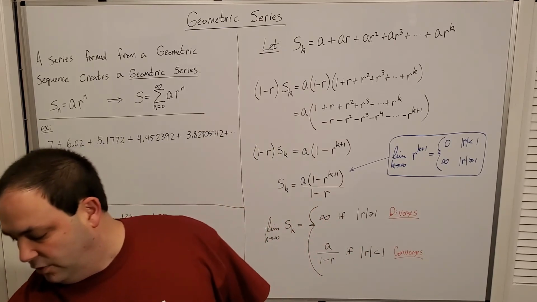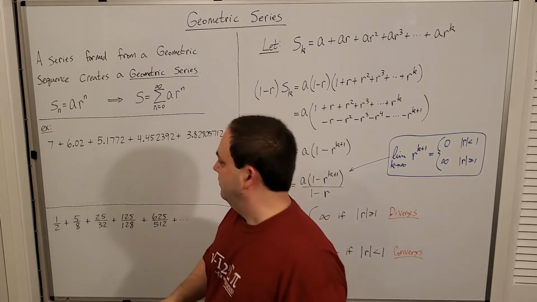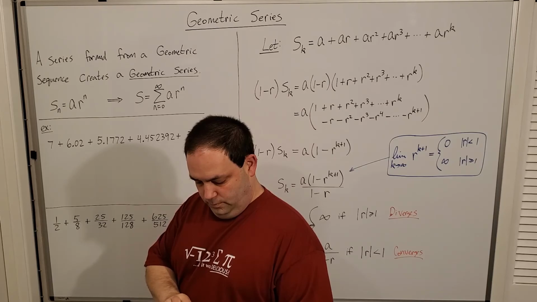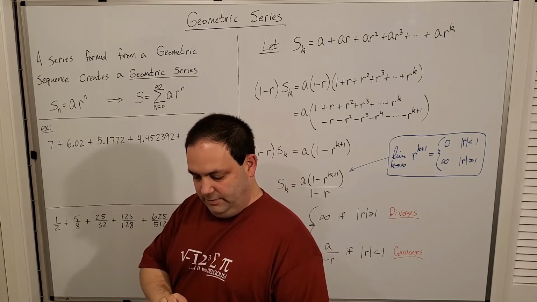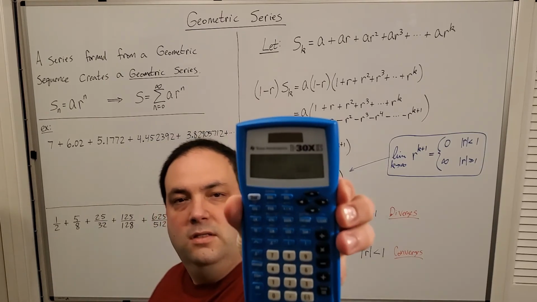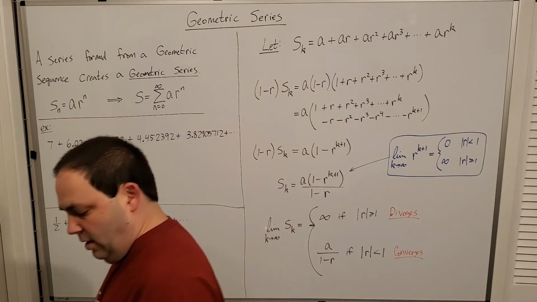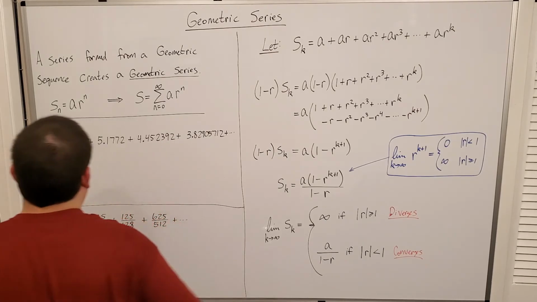But all you need to do is divide. Divide the 6.02 by 7. And notice that I'm getting 0.86.